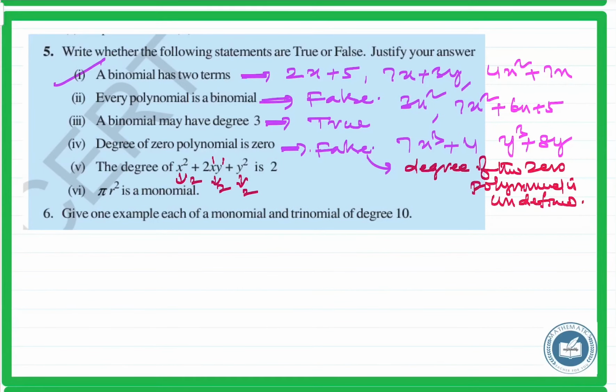And this one also 2. So all the terms have degree 2. Therefore it is true. Pi r square is a monomial. Yes, this one is also true. Only one term is there, second degree, and it is a monomial.